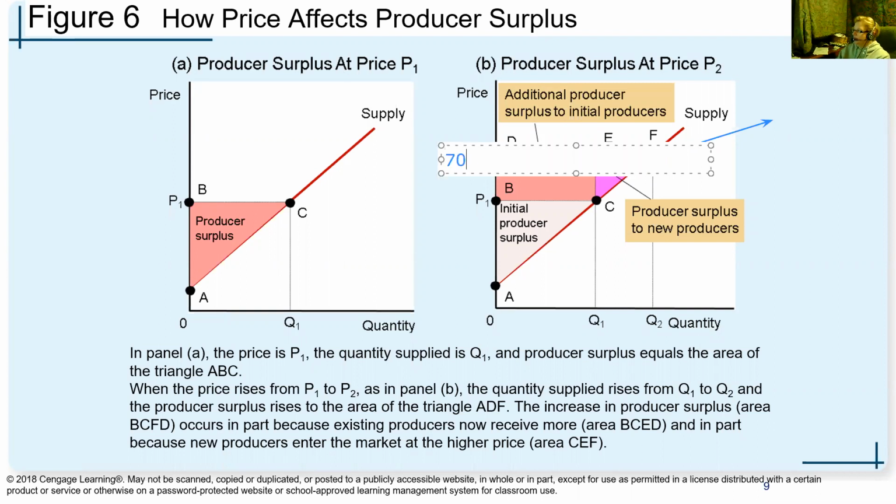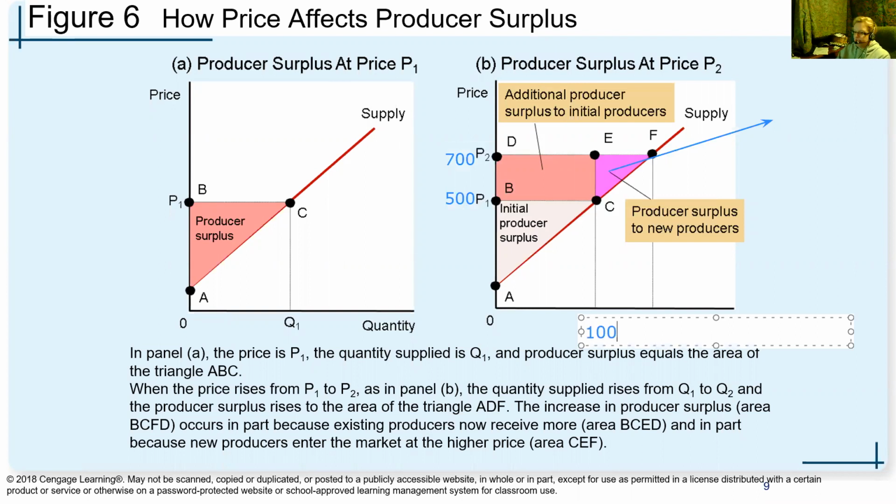Sorry, 700, 500, 100, and 300. Okay, so now what I want to do is calculate the area of this dark pink triangle. And again, using the format that we have looked at before. So that same formula.